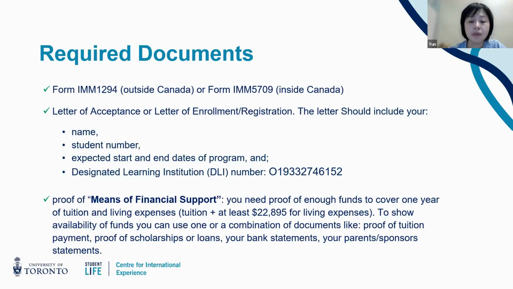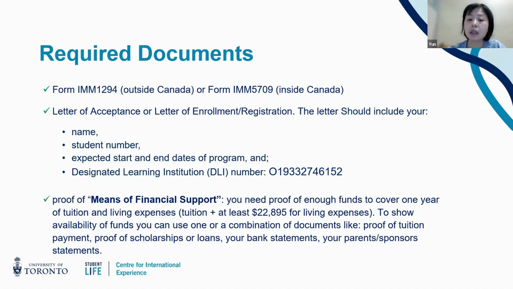I just mentioned that when you apply from outside Canada versus from inside Canada, the documents and requirements might be different. So now let's go into more detail. When you apply from outside Canada, you will use form IMM 1294 to prepare your application.